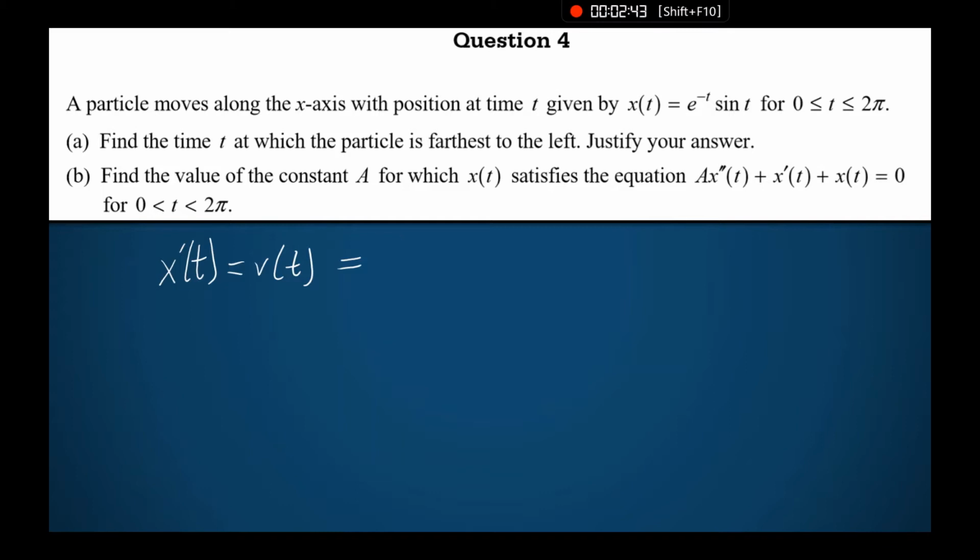So this is product rule. If I derive e to the x, I get e to the x dx. So if I derive e to the negative t, what will I get? Okay, I've got e to the negative t cosine t plus product rule.